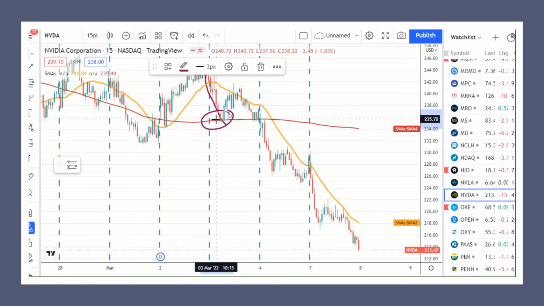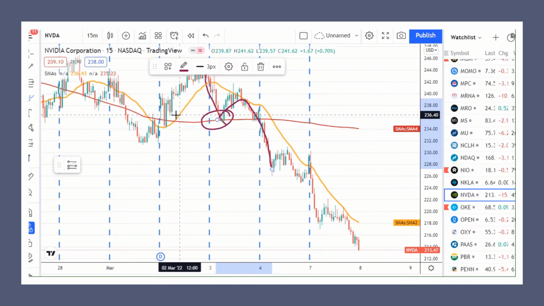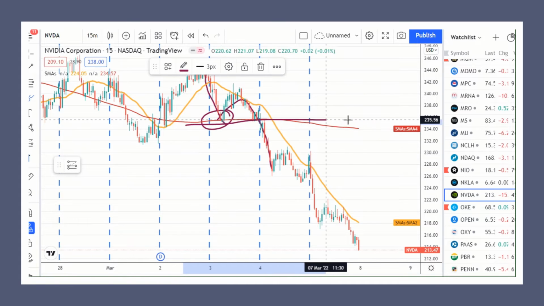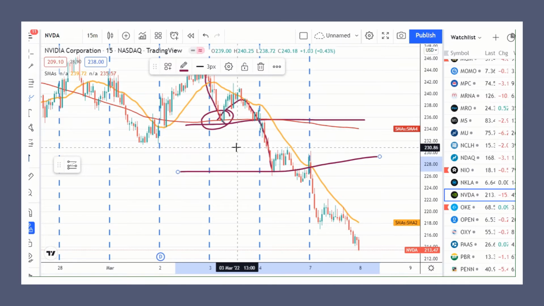You can let the smaller bars form, until you see the large red ones develop. Okay, now look at the difference between having gotten out of your trade here and here. That's a very big difference.